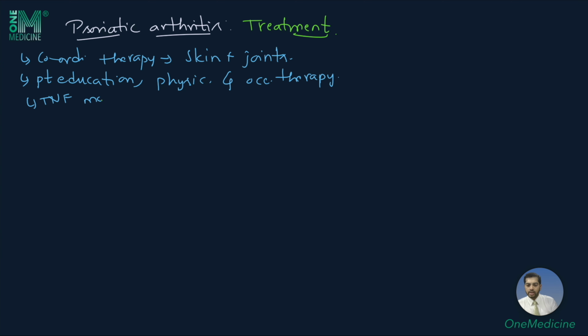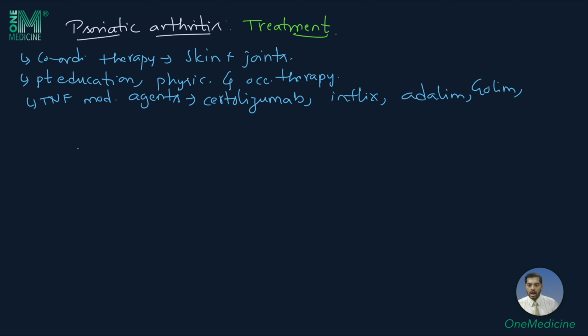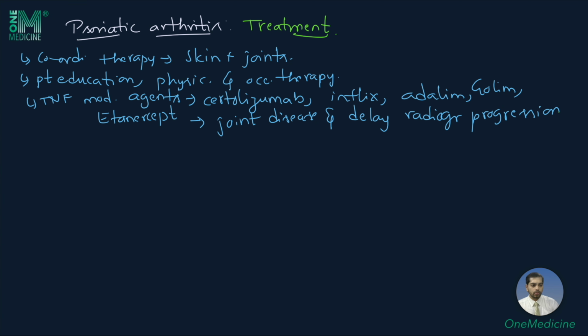TNF modulatory agents such as certolizumab, infliximab, adalimumab, golimumab, and etanercept can improve the joint disease and delay radiographic progression. Out of this, certolizumab, infliximab, and etanercept can also be used in patients with skin disease.